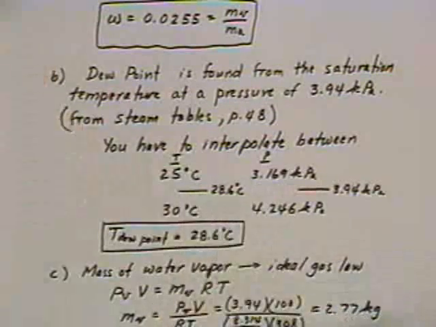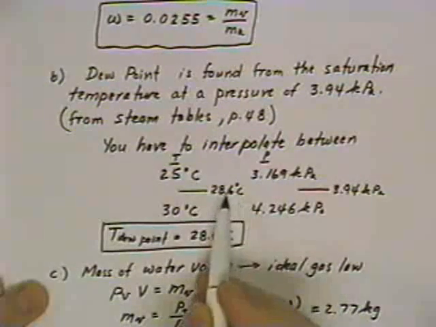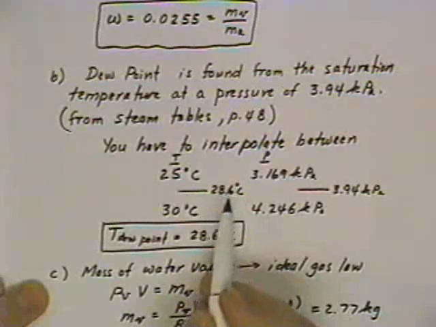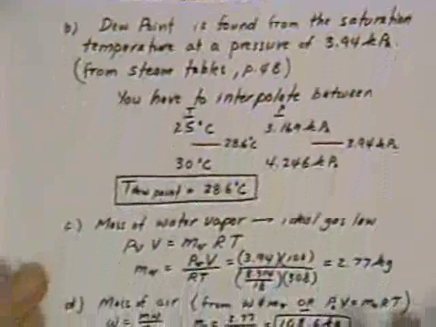So that's the dew point temperature. If you cool this mixture down to a temperature of 28.6 centigrade, then you'd start condensing some of the moisture out of it. So the dew point temperature is 28.6 degrees centigrade.